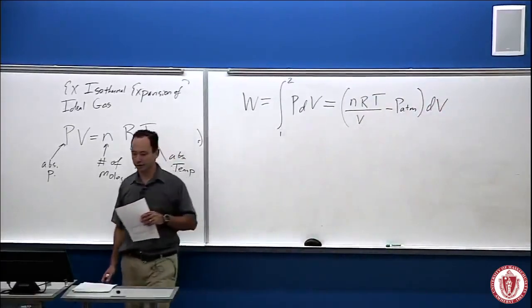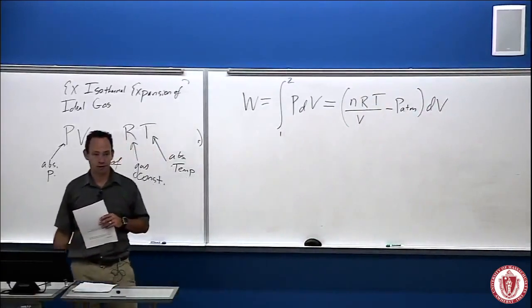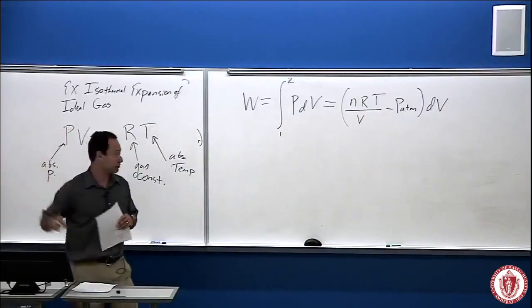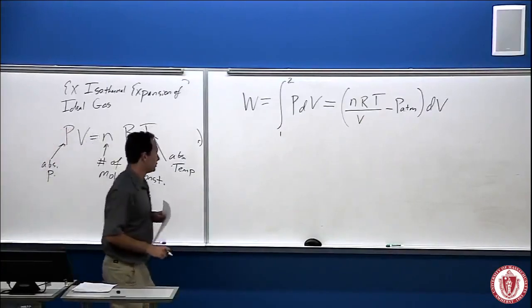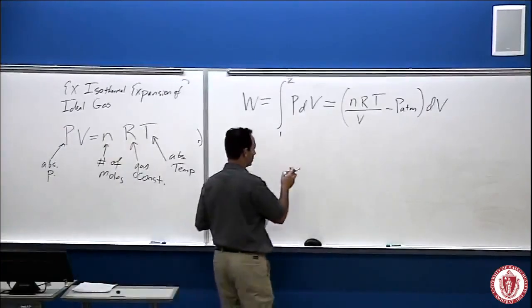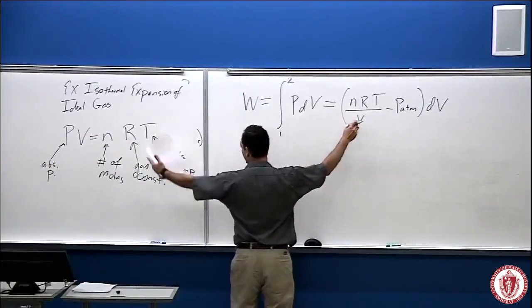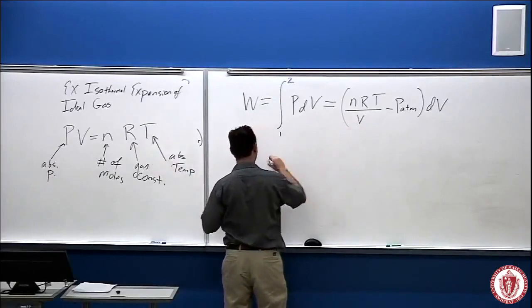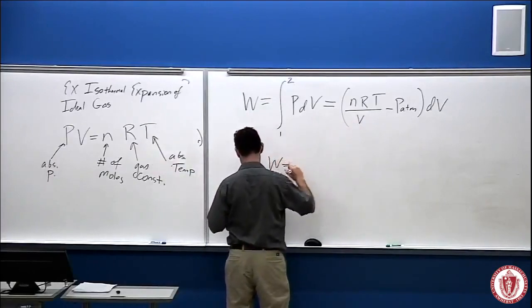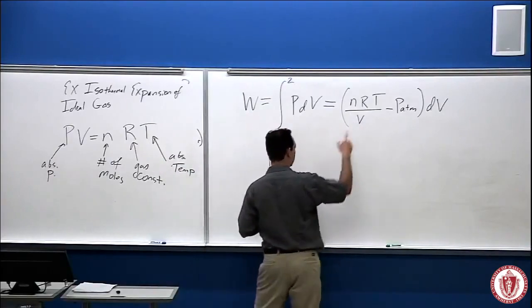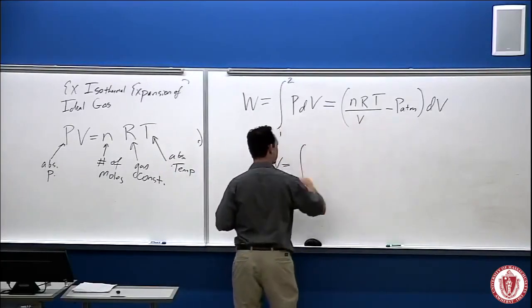We explained in our earlier derivation that there's also pressure acting outside from the atmosphere, so we're subtracting that off to give a gauge pressure here. This just comes from the ideal gas law. And we get work is equal to, and at this point it's nice to separate these two.